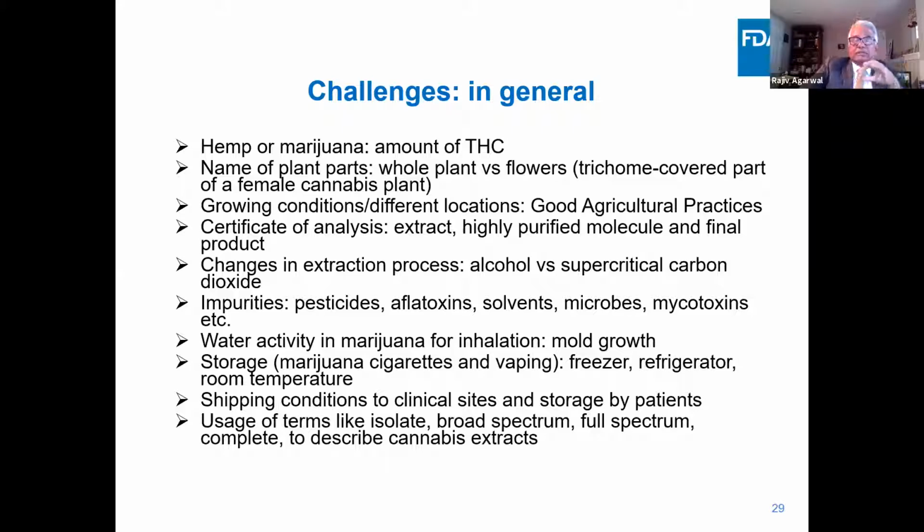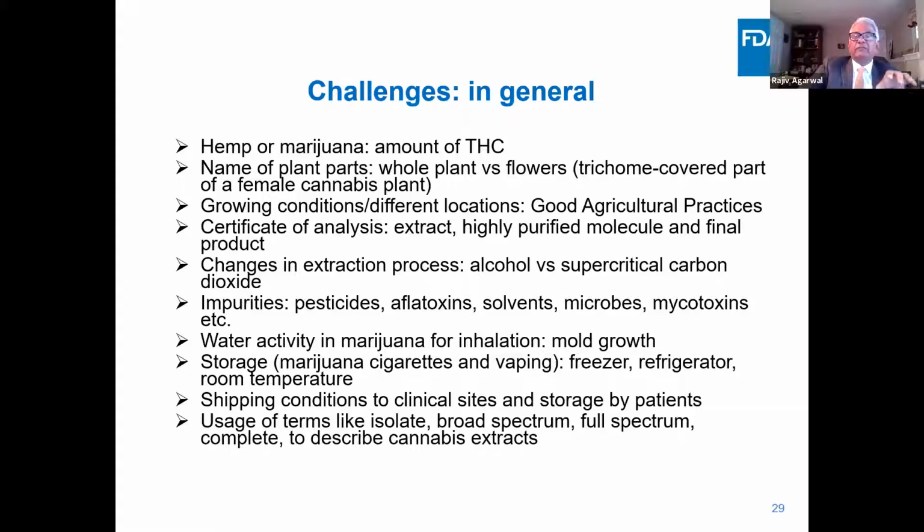So these are the quality considerations that are in place, and you will see them briefly mentioned in the guidance, on how to control those things. Shipping conditions to the clinical site or storage by the patient are very, very important.